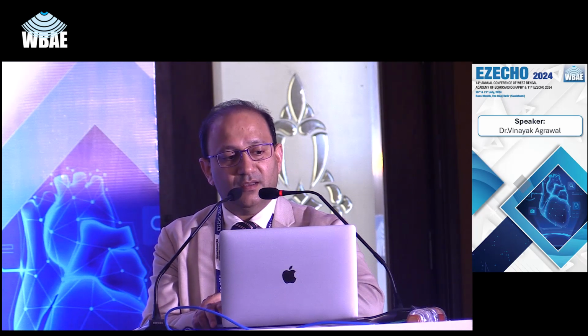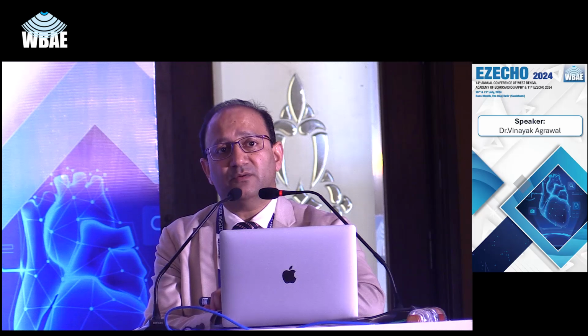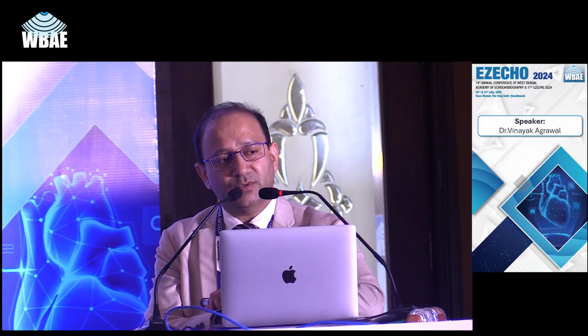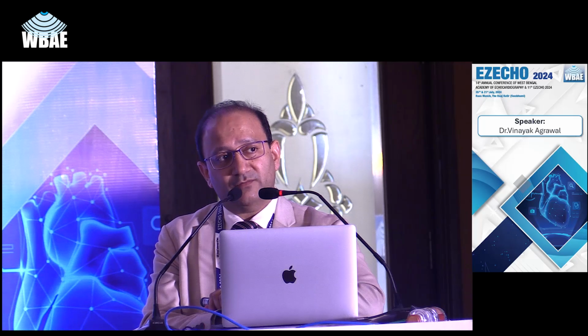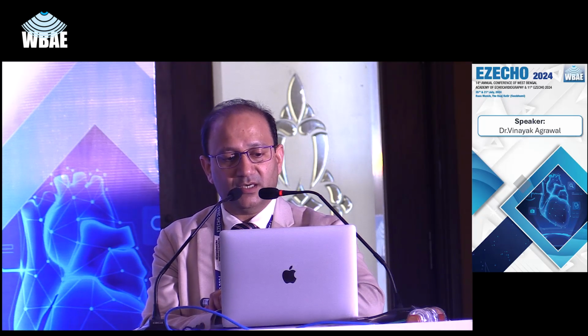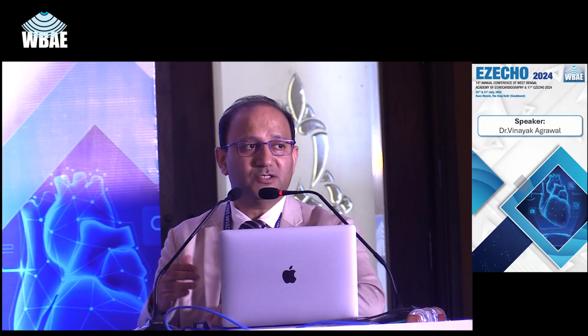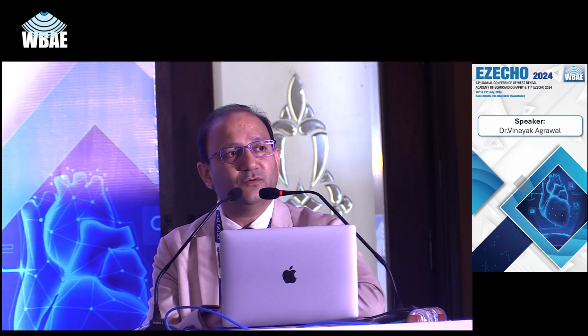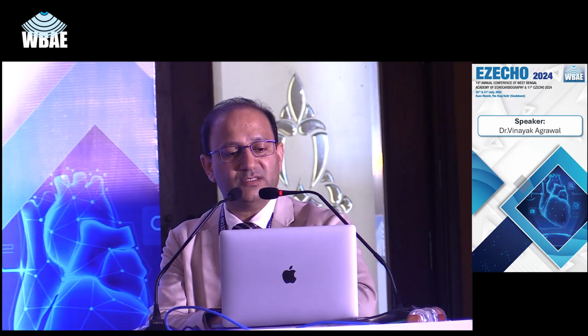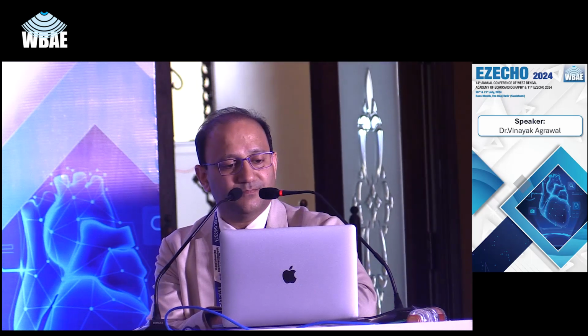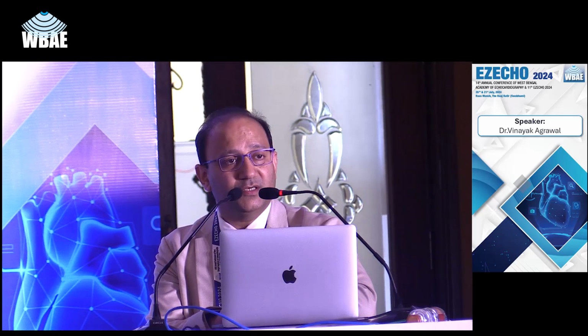There is another very important aspect which most people don't look into, which is venous congestion or organ congestion. You have to look at the hepatic venous flow. As the severity of hepatic congestion increases, the IVC becomes full, hepatic veins dilate, and systolic flow reversal occurs due to progressive decline in right atrial compliance. You can also look at the portal venous flow.